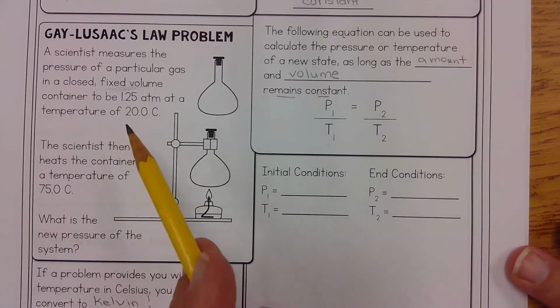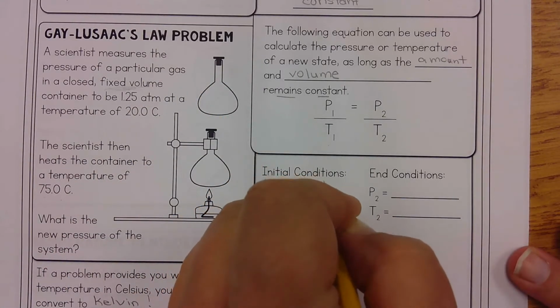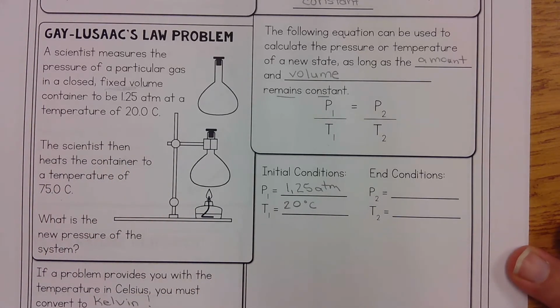All right, let's figure out what we got here. So the initial pressure was 1.25 atmospheres. The initial temperature was 20 degrees Celsius. Final pressure, we don't know. What is the new pressure? That's what we're trying to find out. Final temperature was 75 degrees Celsius.